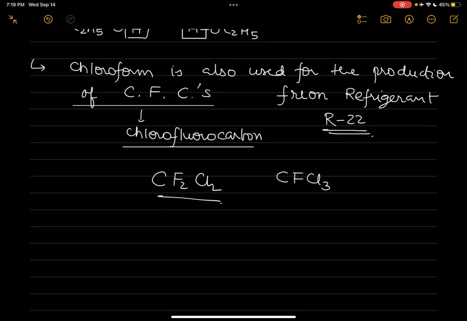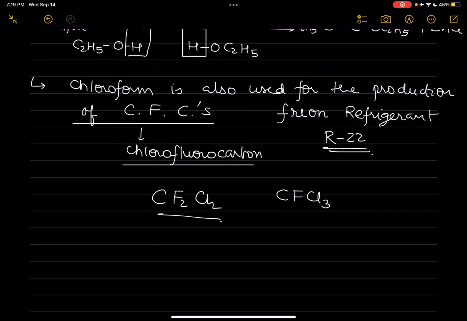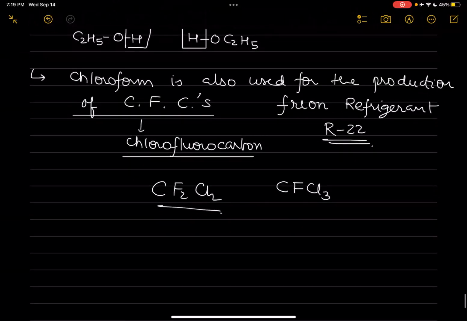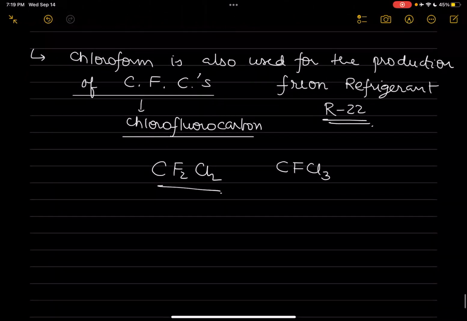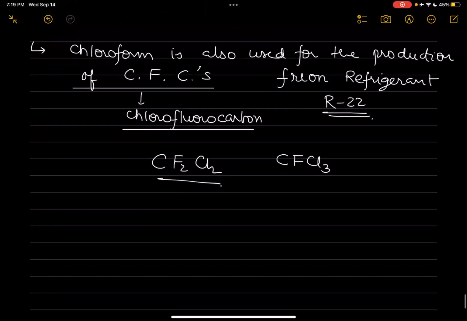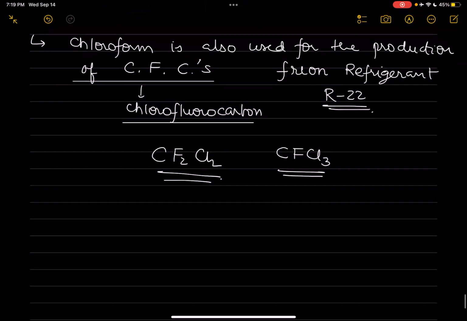So this is chlorofluorocarbon, which is used as refrigerant. But actually there is a risk also of chlorofluorocarbon. They are causing a hole in ozone. They are responsible for the depletion of ozone also. So we need to be very careful that we should not use them in excess.